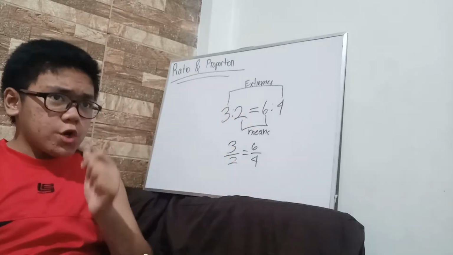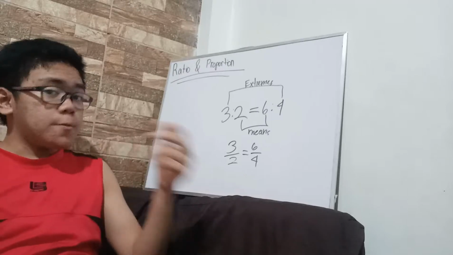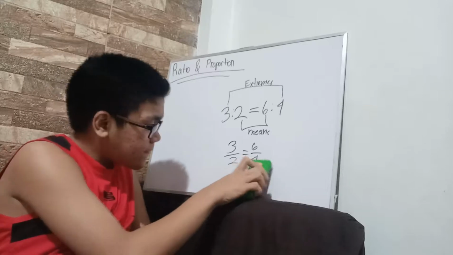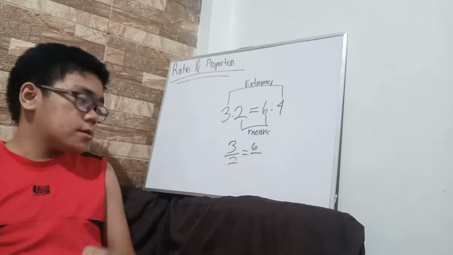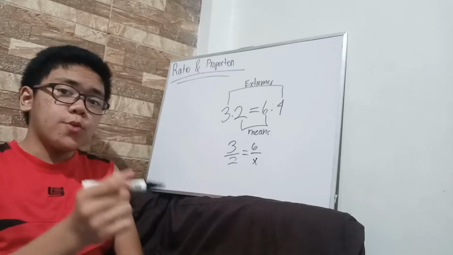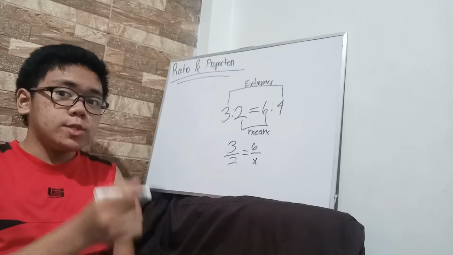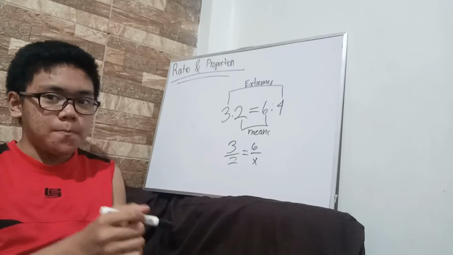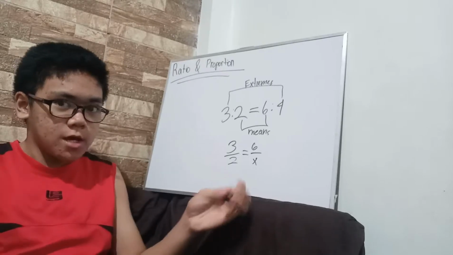So, if you're going to solve a proportion, for example, this 4 is missing, for example, x. You're going to use a formula. Yeah, this is also a famous formula. You can call it a butterfly method. Cross multiply.